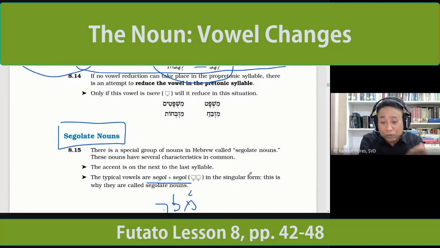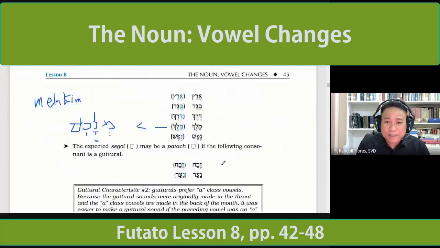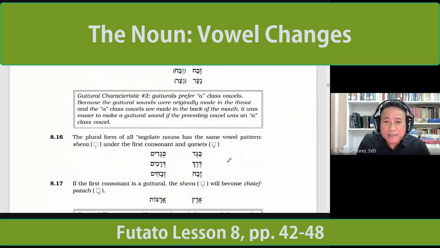Devarim, so you reduce. And then the second syllable, the tonic syllable, becomes open. Devarim, melakim. Devarim, melakim. These are the examples given here.